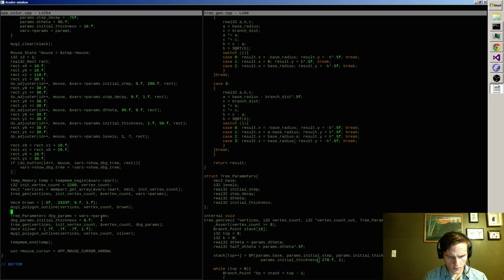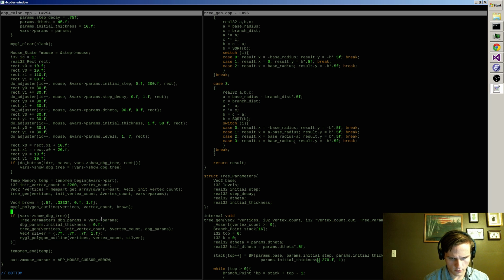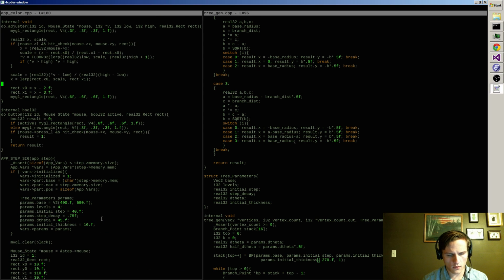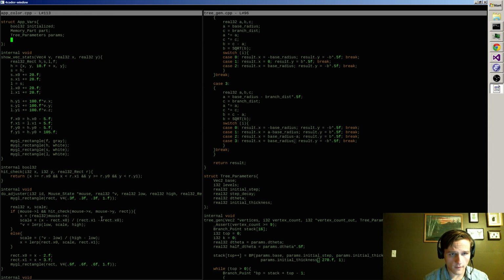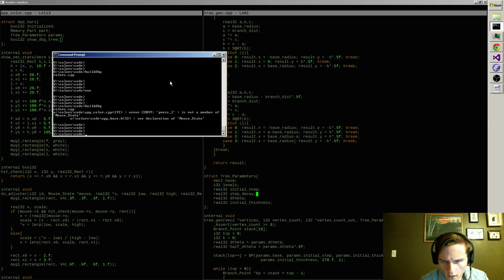So then all of this work here is if vars show debug tree, boom, cool. And then vars show debug tree. It's not a member of mouse state, really? It's not?